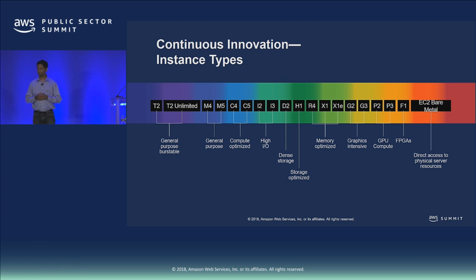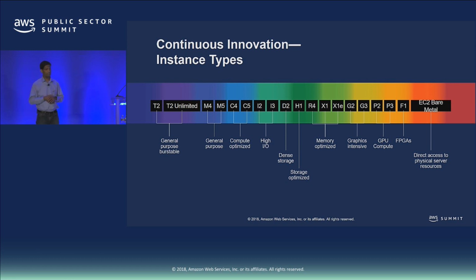We started in 2006 and it has grown in scale, continuously innovating in terms of offerings, from general purpose instances to compute optimized, IO optimized, and storage optimized. The reason we developed so many different instance families is customer feedback from people like you, who have asked us to purpose-build specific virtual machines for specific tasks.